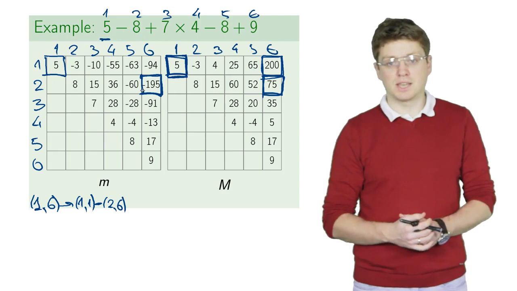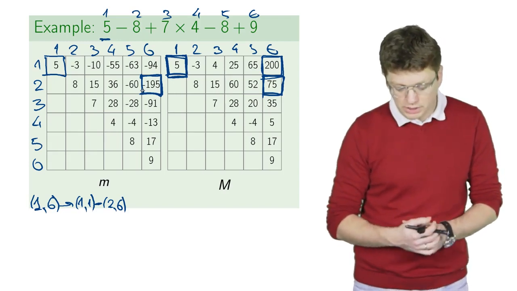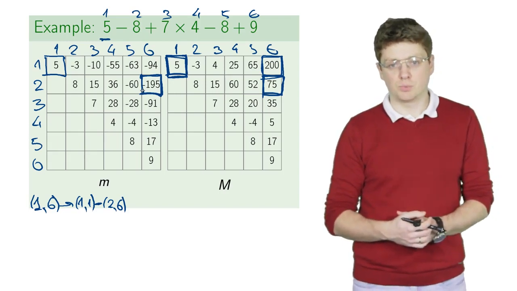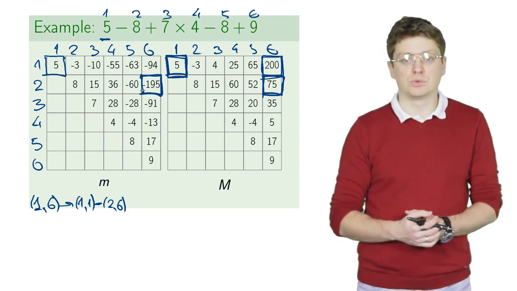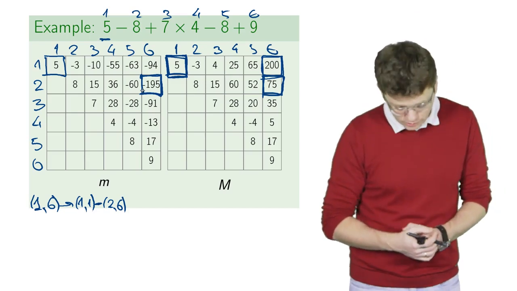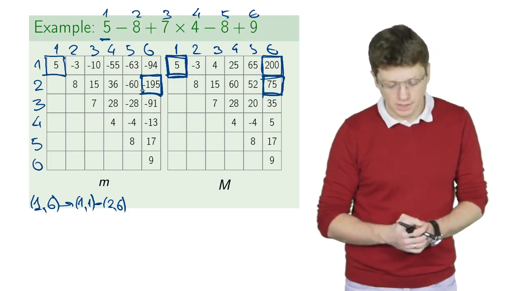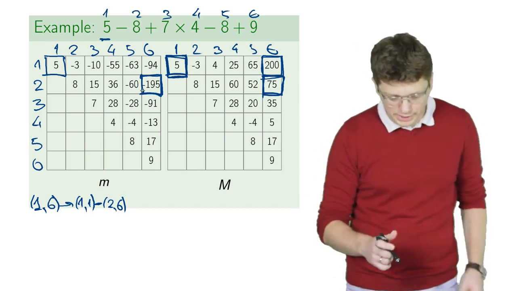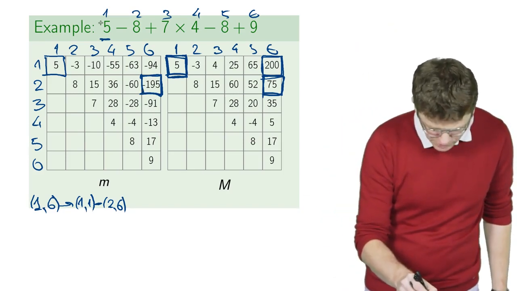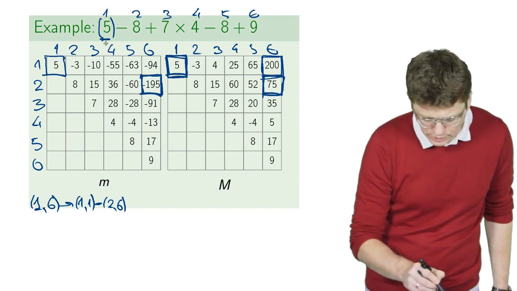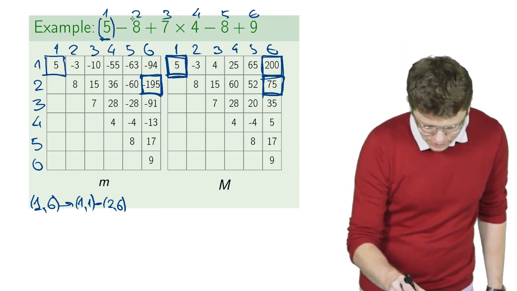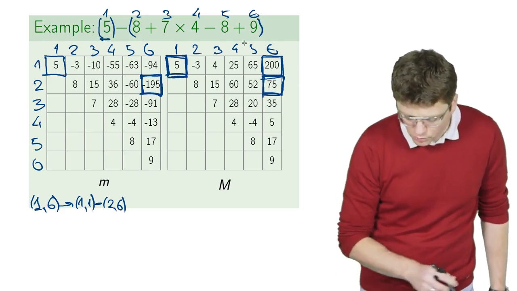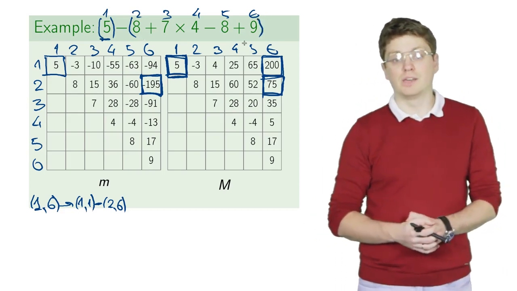Well, we see that in this case 5 minus minus 195 is the same as 5 plus 195, which equals exactly 200, right? Which allows us to conclude that the value 200 can be obtained as follows: we subtract the minimum value of the second sub-expression, which is minus 195, from 5.